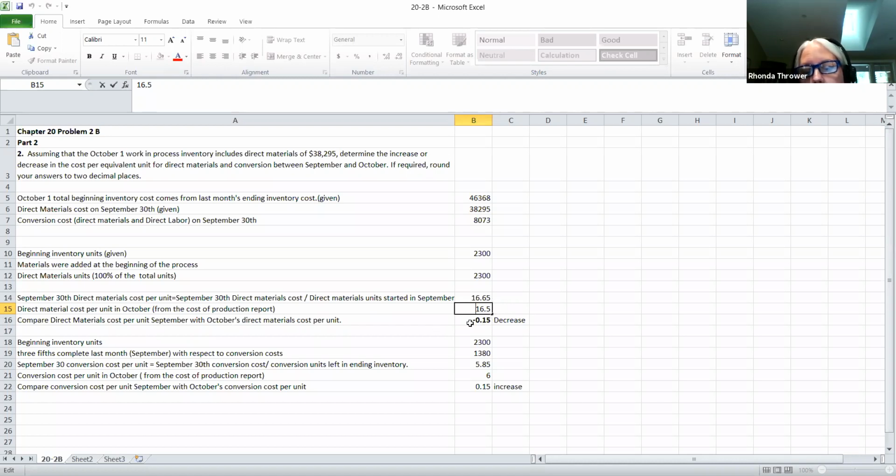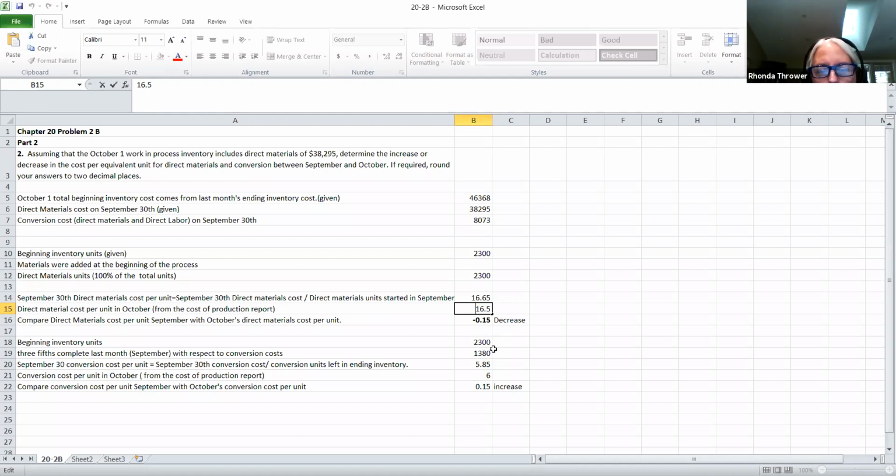There has been a 15-cent decrease in the cost of materials from last month to this month. And so management would want to investigate this decrease to see why that happened. It will help them to direct operations in the future if they know about what's going on with their materials cost from one period to the next period.